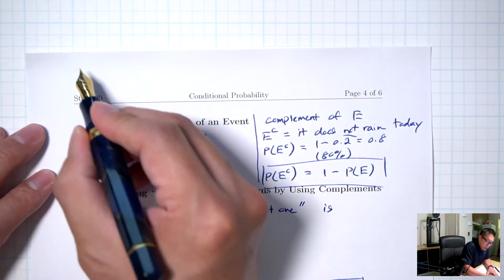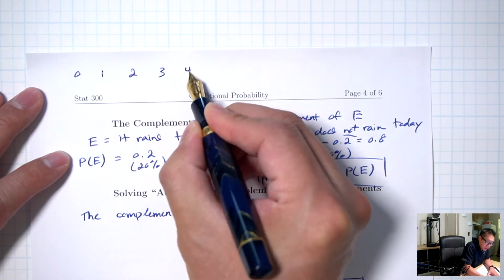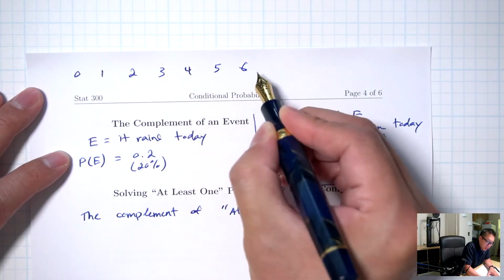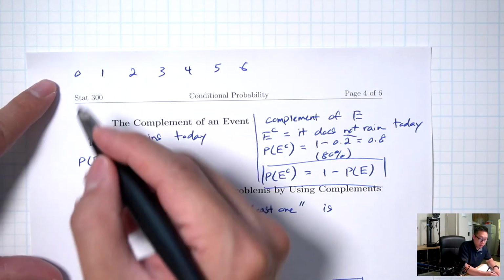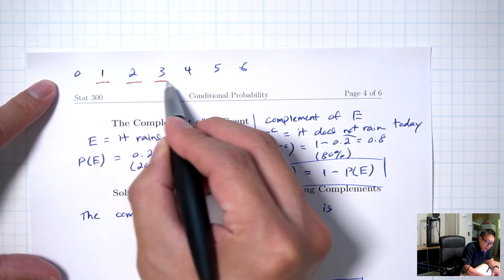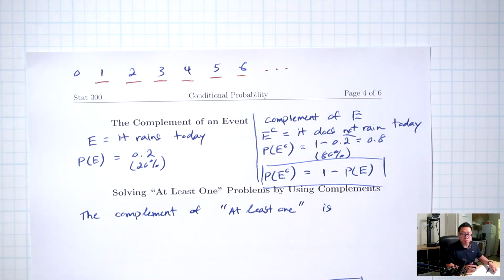I'm going to write down some numbers: 0, 1, 2, 3, 4, 5, 6. Which of those numbers are at least 1? At least 1 means 1 or more. So 1, 2, 3, 4, 5, 6, and so on. All of those numbers are at least 1.